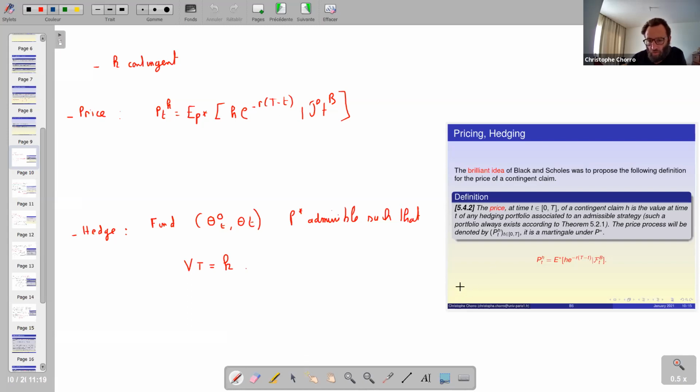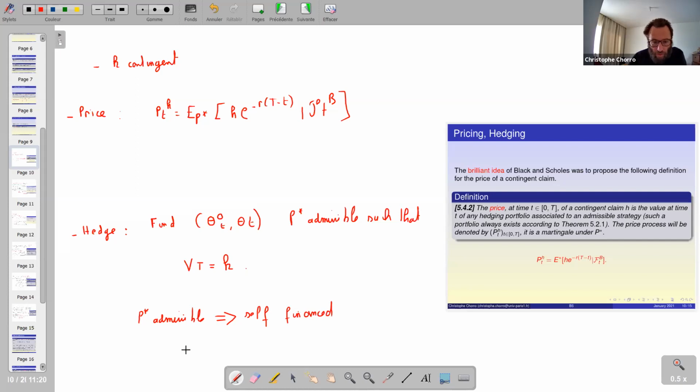So if I take theta 0, theta t that fulfills V capital T is equal to H, what we call the price is equal to V t. But P star admissible implies self-financed.